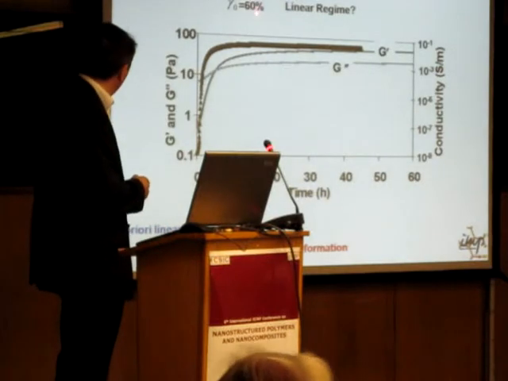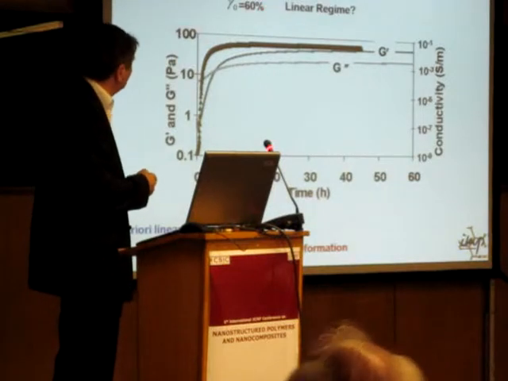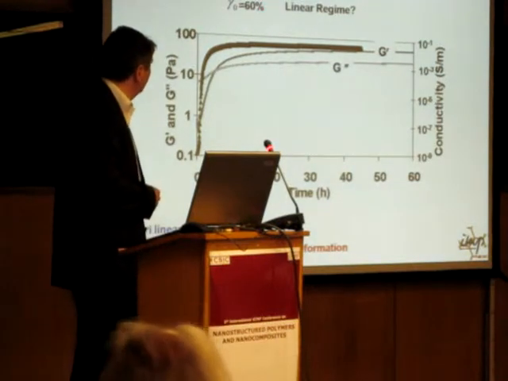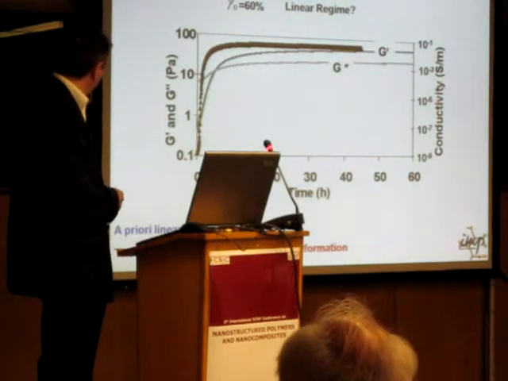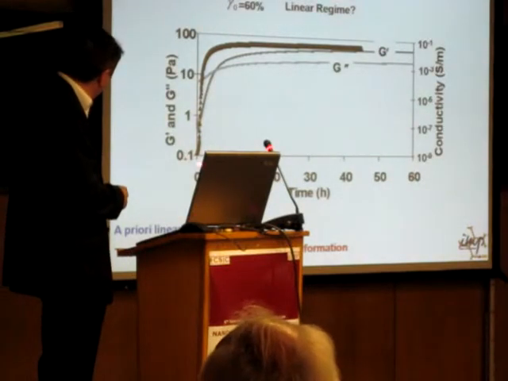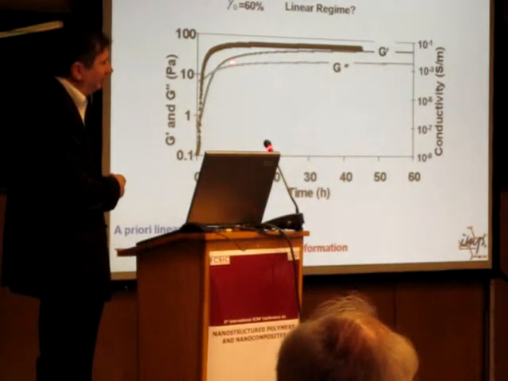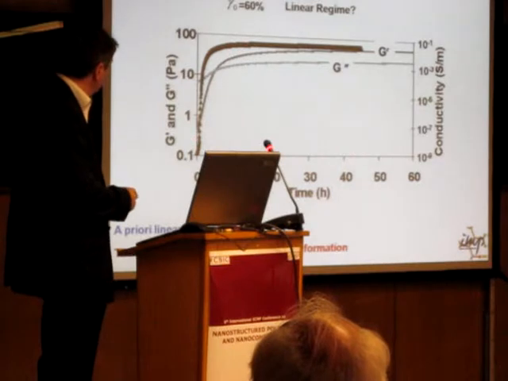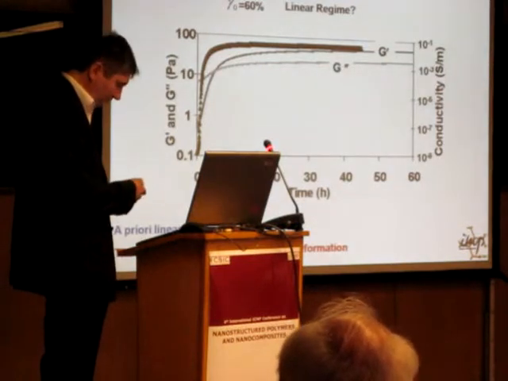Now at higher deformation, about 60%, first question, am I still in the linear regime? I don't know, we will check later. And you can see here the strong variation of the complex shear modulus and the conductivity. And you can see that the time scale is quite different. It's shorter than the time we observed in the previous slide.